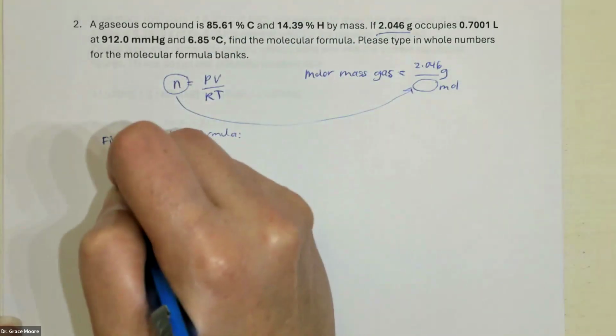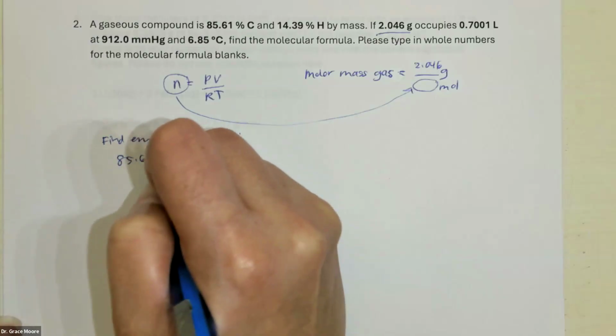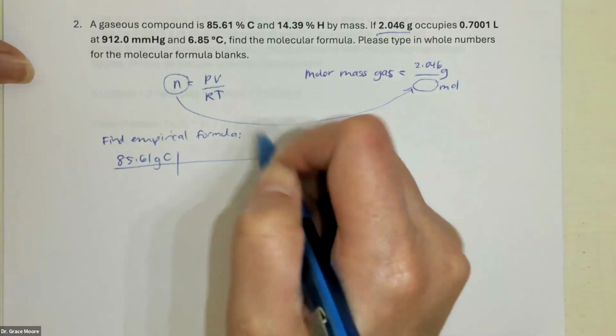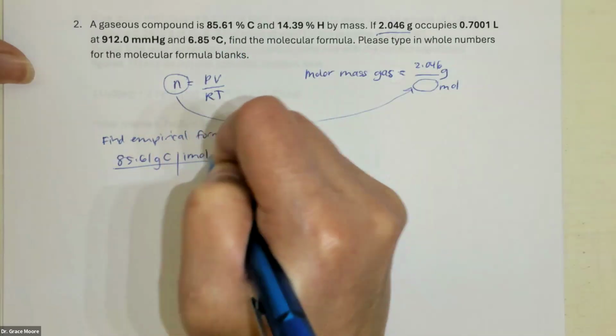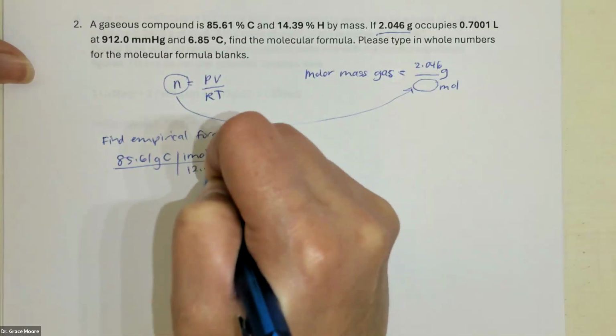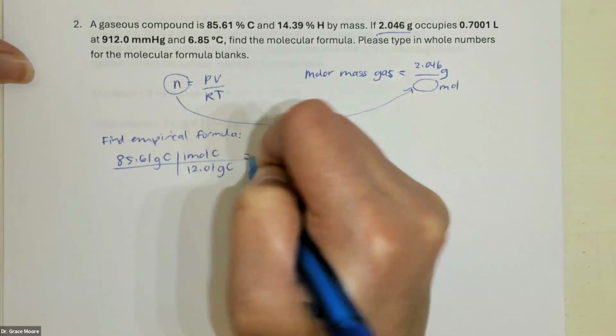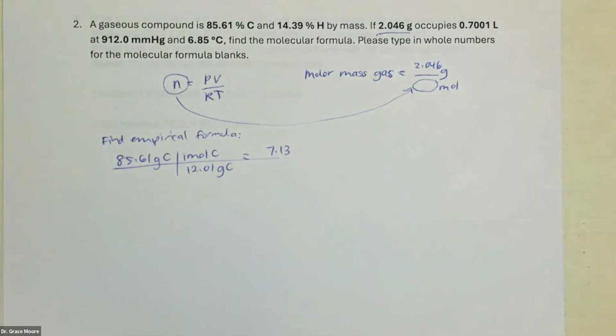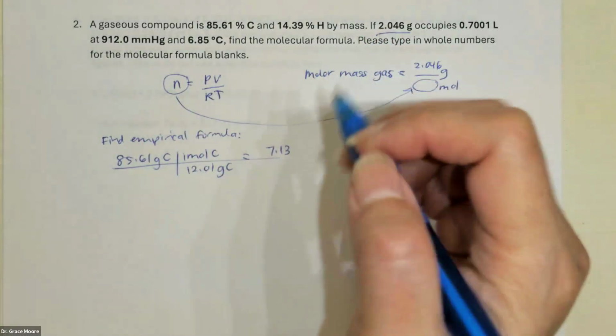With this part, I have 85.61 grams of carbon, and I'm going to turn it into moles.